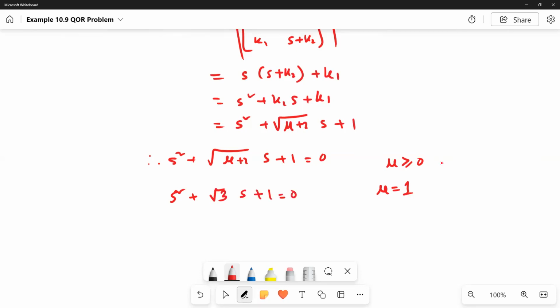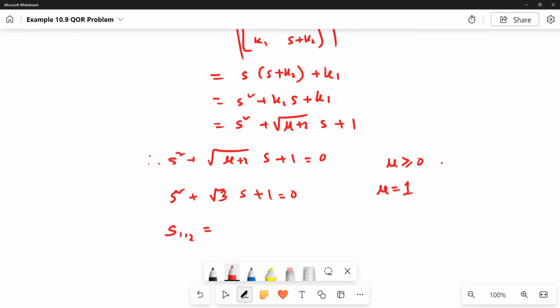You can also take mu equal to 2, then it will be 2s, so s square plus 2s plus 1, and you can use the square formula. It's up to you, whatever you prefer. I'm just keeping the same value as the book that they have taken.